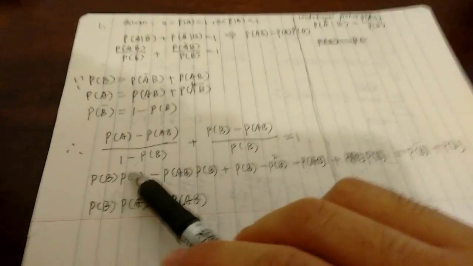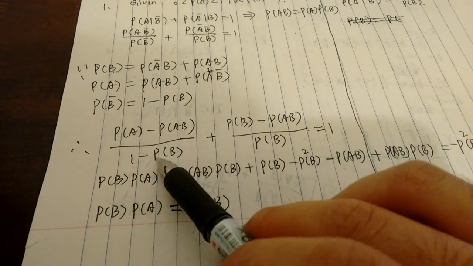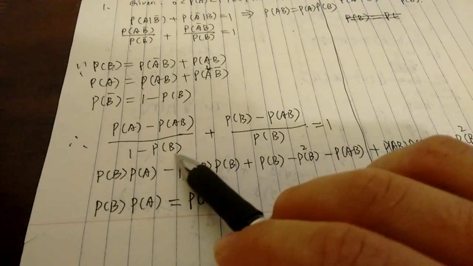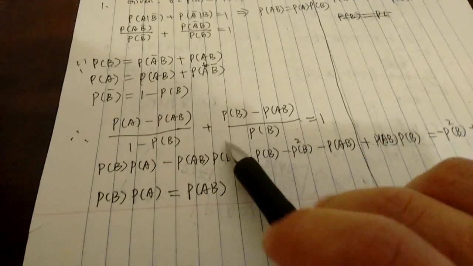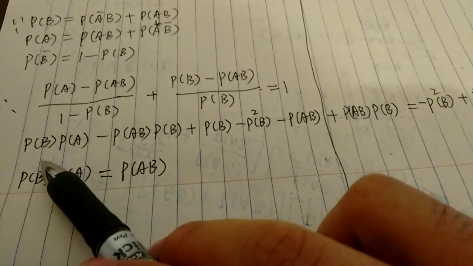So we could multiply 1 minus probability B times probability B on both sides of this equation, and we could get this long equation.